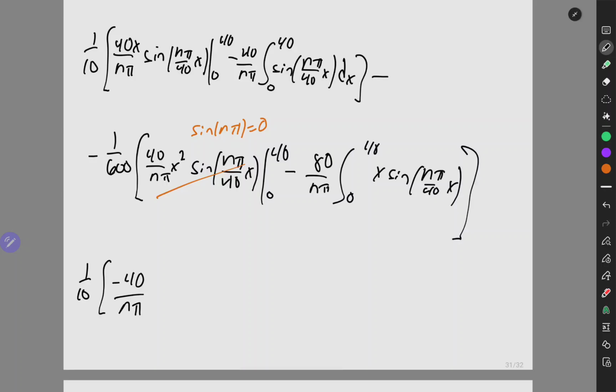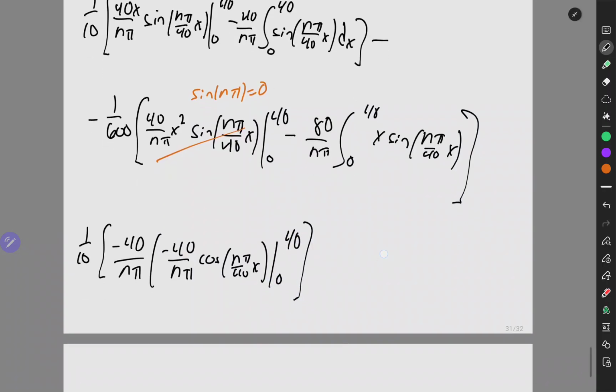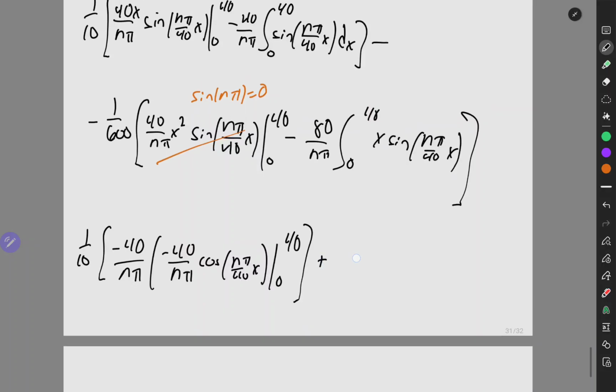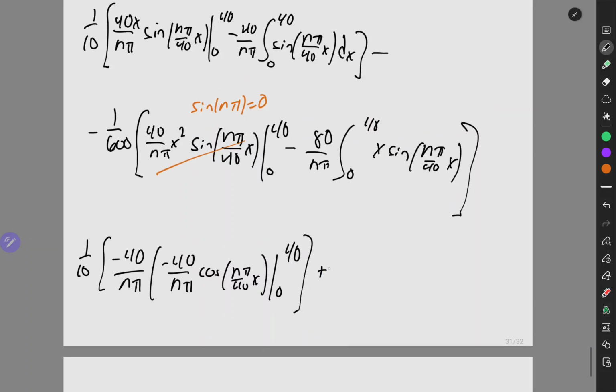That becomes, what was that? That would be cosine. That's negative. Yeah, cosine n pi over 40 x from 0 to 40. Okay, and plus or minus.